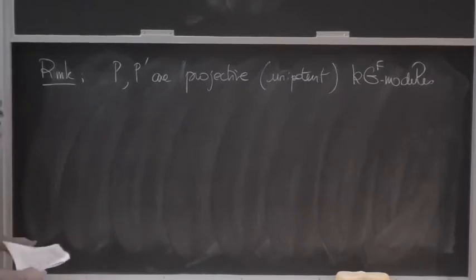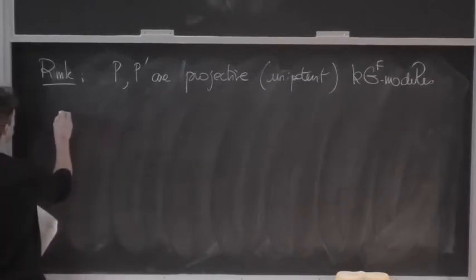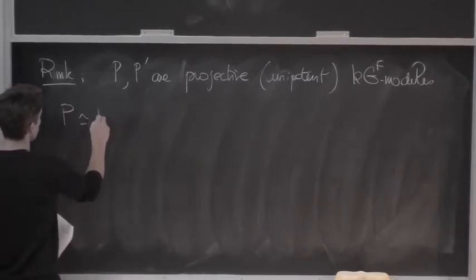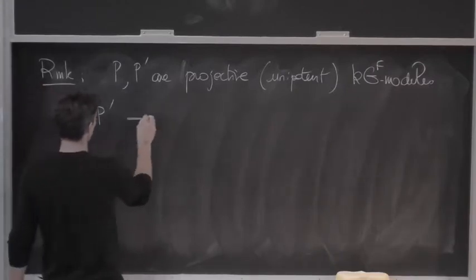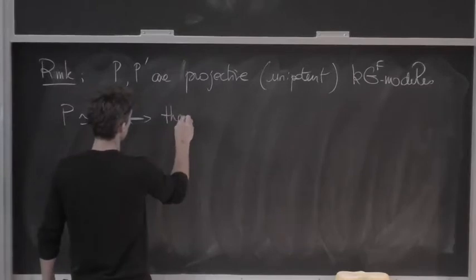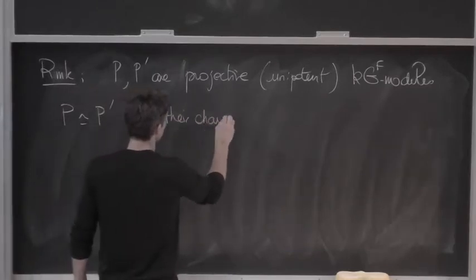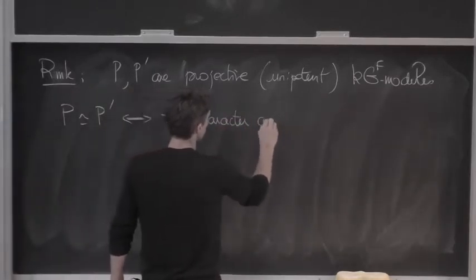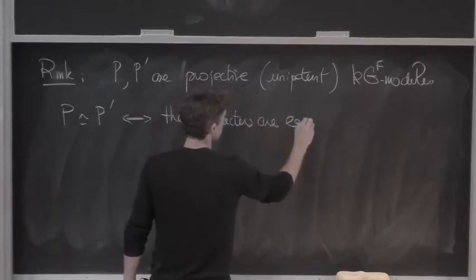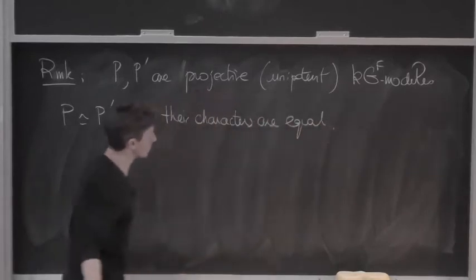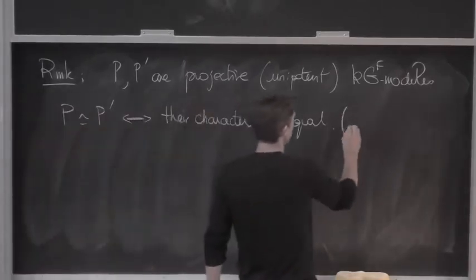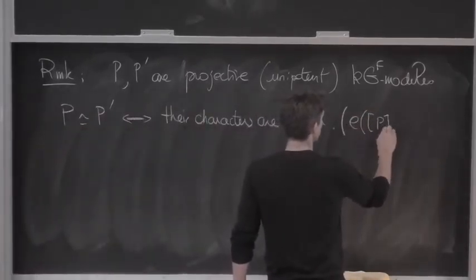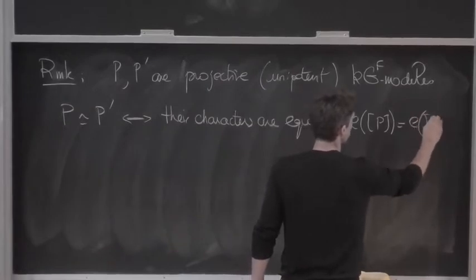So that means that if you want to show that two modules are isomorphic, you just need to compute their characters, so their characters are equal. Meaning that E of the class of P is the same as E of the class of P prime.